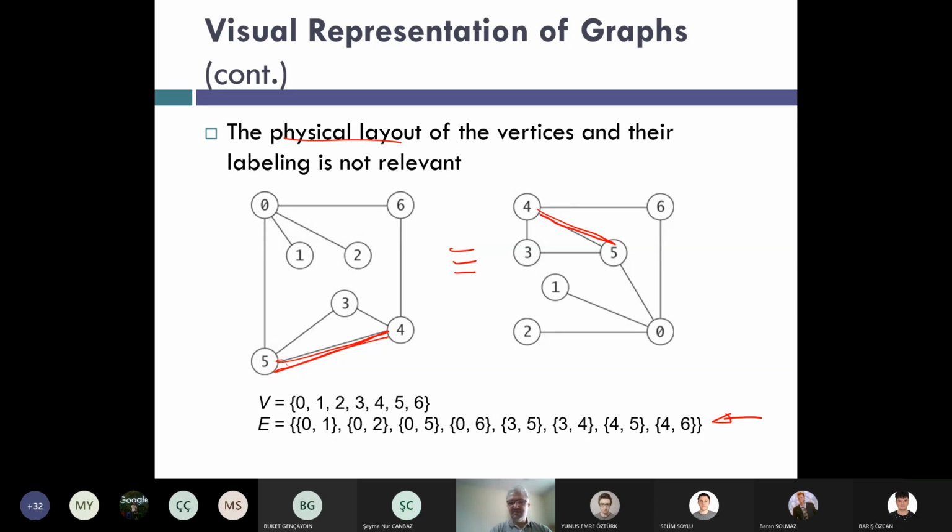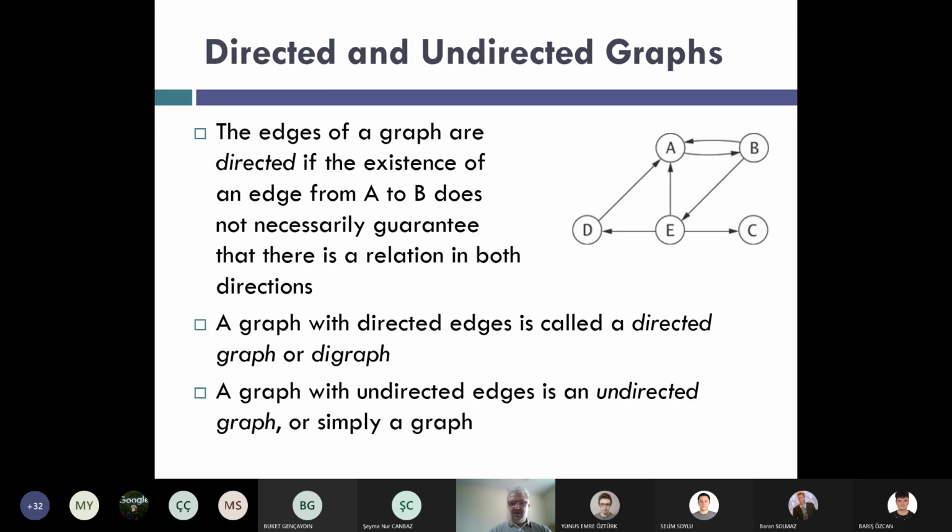So all these representations are equivalent. Okay, gives the same meaning.